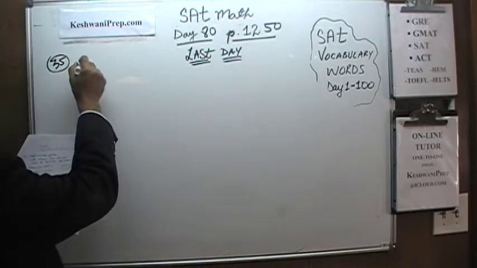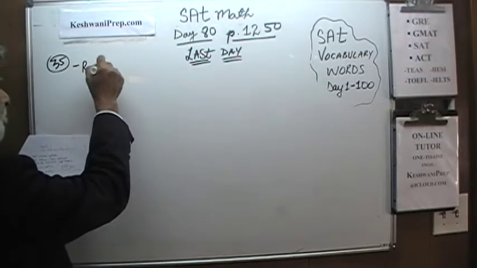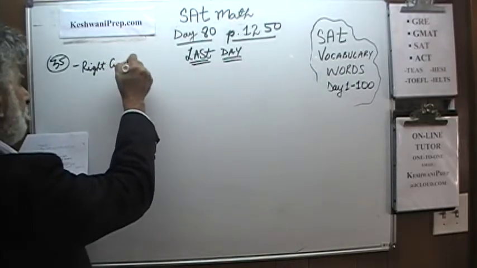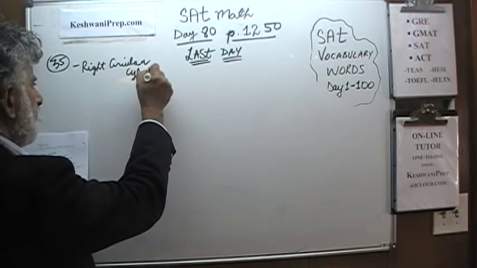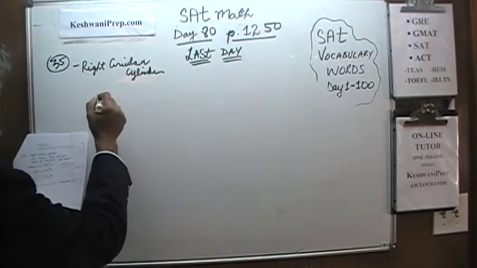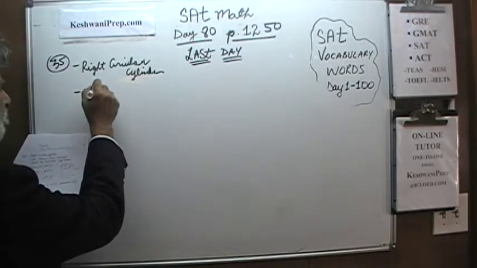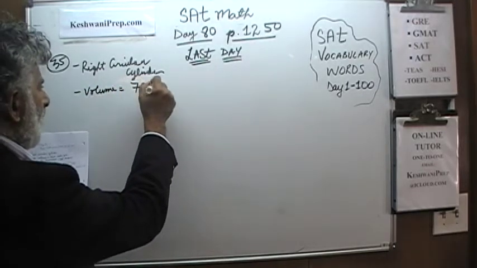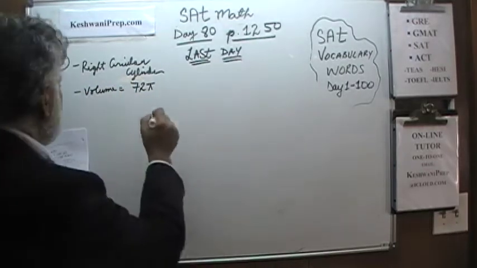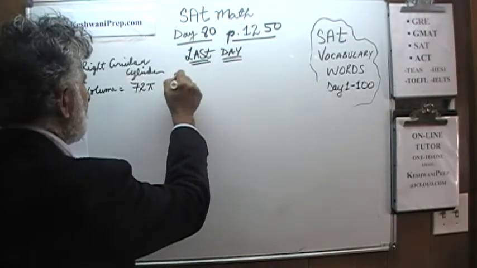In number 35 we have a right circular cylinder. We are told that the volume of the cylinder is 72 pi cubic yards.